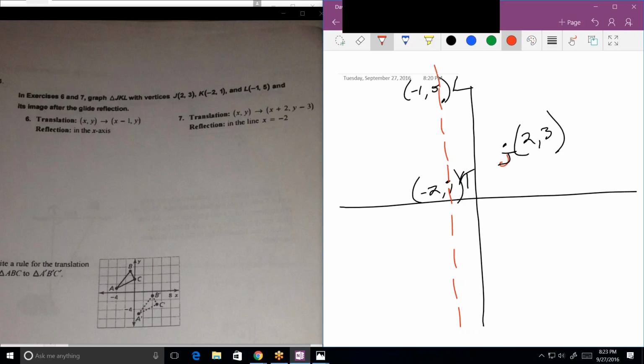So J has to go 4 units to the left of that line, which gives its x-coordinate as what? -6, 3. Yeah, the y-coordinate didn't change. So that's J prime.